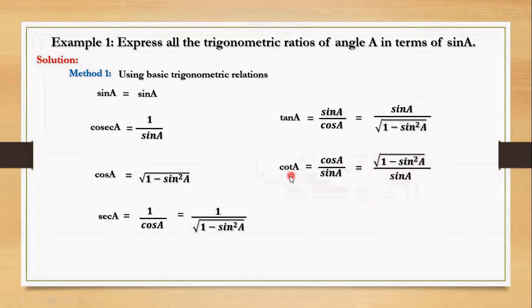Now look, the cot A is also expressed in terms of sine A. Here all the 6 ratios, that is sine, cosec, cos, sec, tan and cot, all are expressed in terms of sine A.